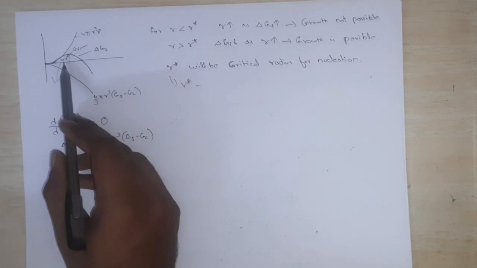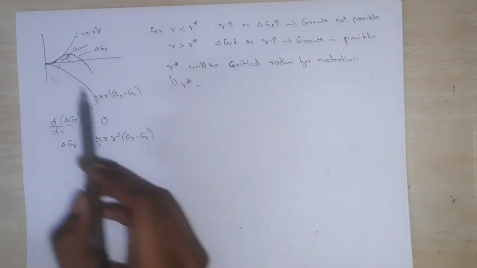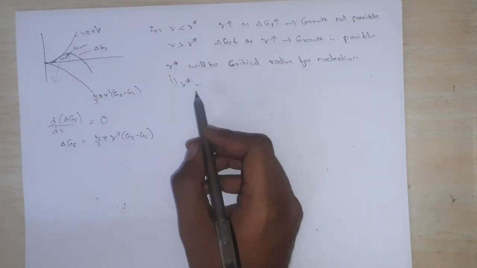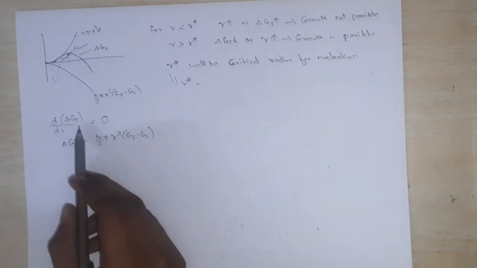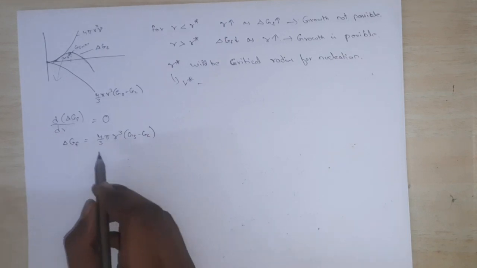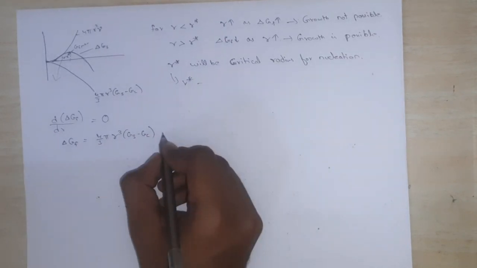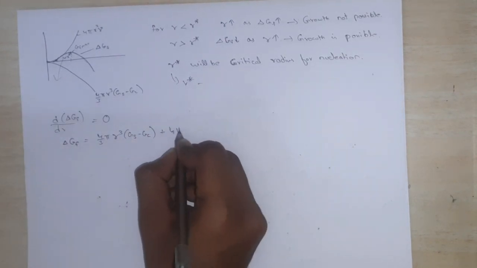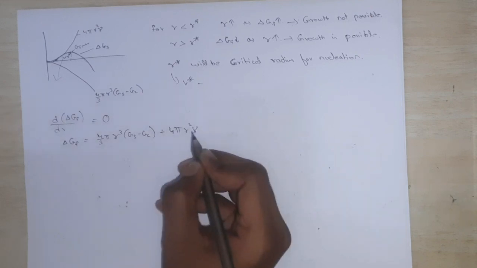As the critical radius is at delta Gf maximum, we can obtain the r star expression by differentiating delta Gf and equating it to 0. We know delta Gf equals 4/3 pi r cube (Gs minus Gl) plus 4 pi r square gamma.